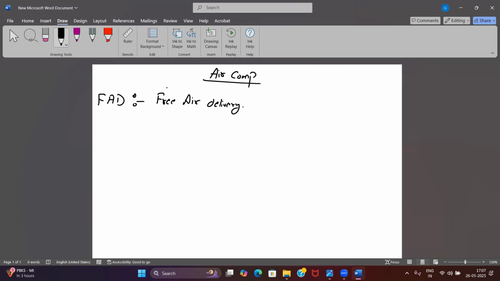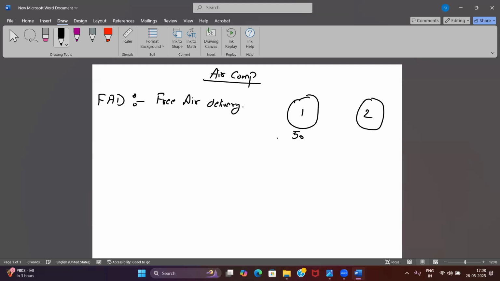Suppose I have two compressors. Number one compressor, and I have a second compressor over here. Suppose the first compressor can compress up to, let us take an example, 50 bar.